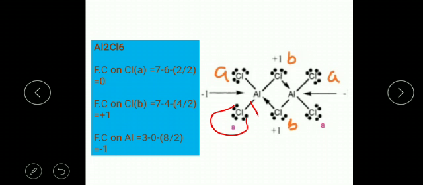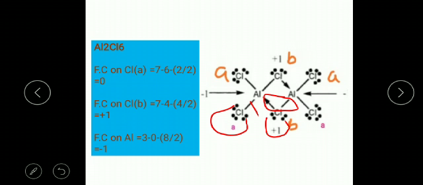The next is the formal charge on chlorine B: the valency is 7, minus 4 because of this lone pair, minus 4 because of these two bond pairs, divided by 2. So the answer is plus 1.